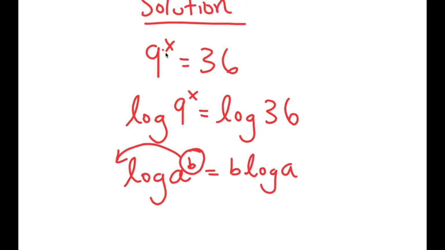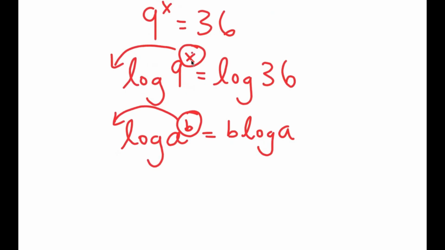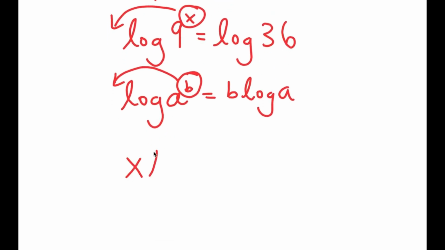So before, x was an exponent, and it's almost impossible to solve the equation just in that form. But now we can move x to the front and make it equal to a whole number, and now it's much easier to solve for x. So now I get x times log 9 is equal to log 36.